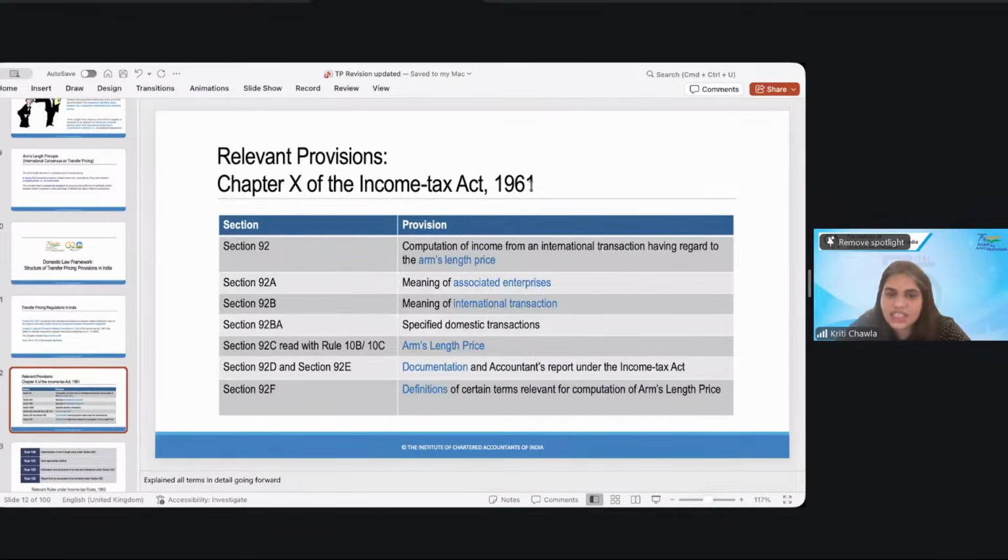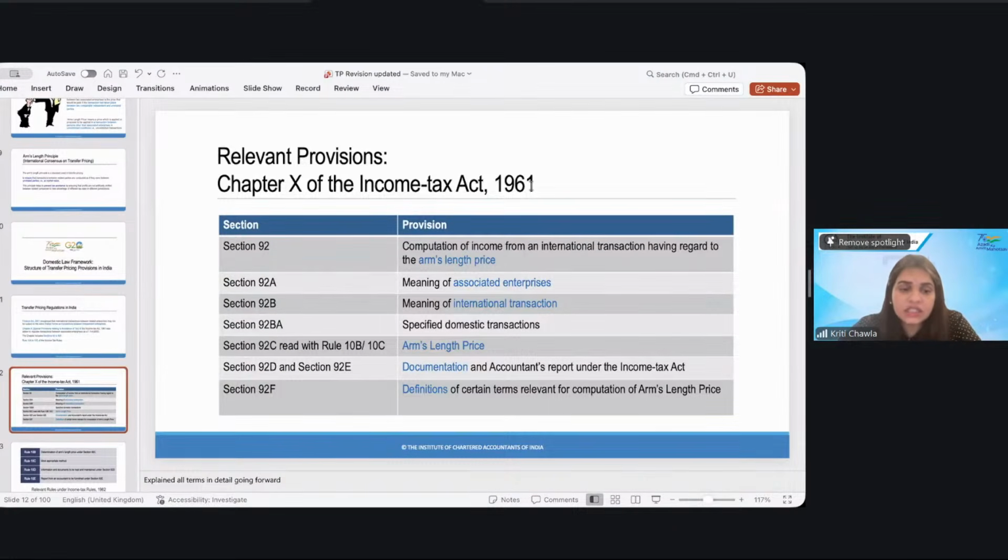There is Section 92. Section 92 says computation of income from an international transaction having regard to the arm's length price. Then there is Section 92A, which is the meaning of associated enterprises. Then there is Section 92B, which talks about the meaning of international transactions.